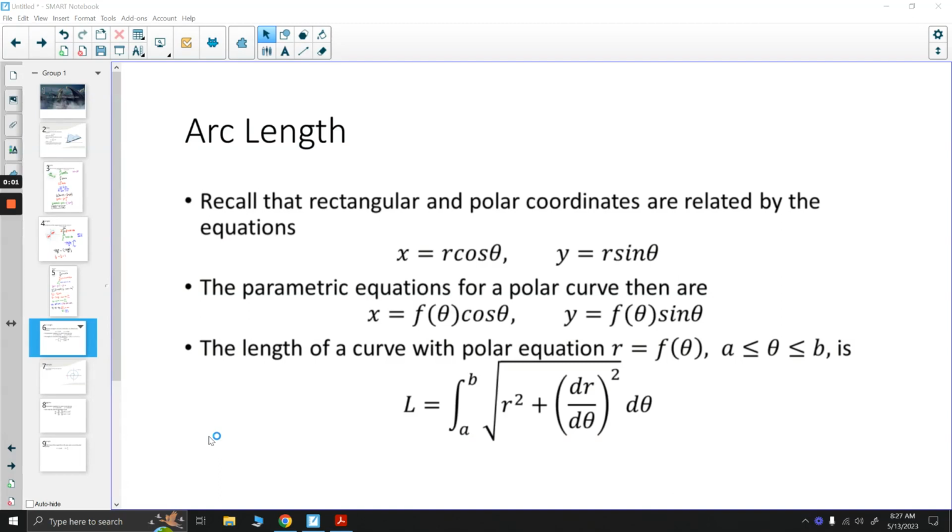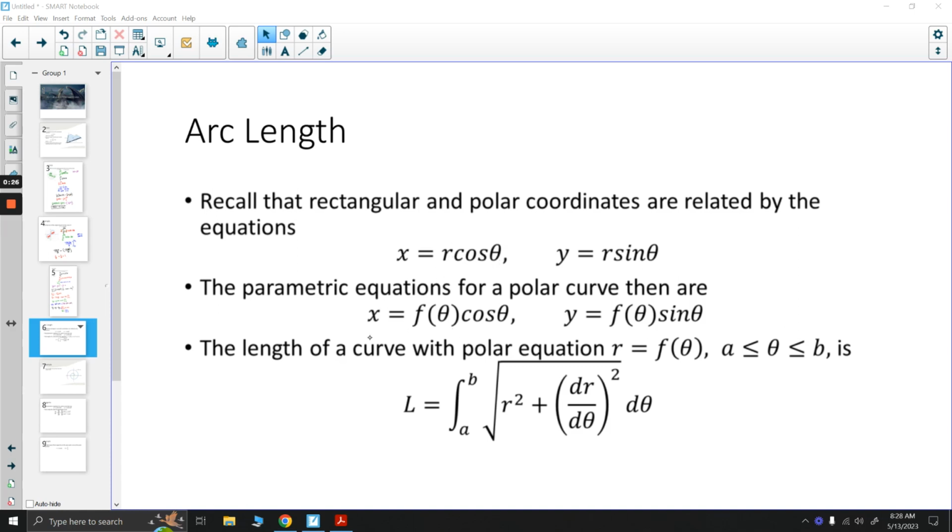Okay, so for arc length, recall that rectangular and polar coordinates are related by the equations x is r cosine theta, y is r sine theta. Now, if you recognize, that's basically parametric. We are converting x into something else and y into those same variables. So the parametric equation, as a reminder, is r equals f of theta.